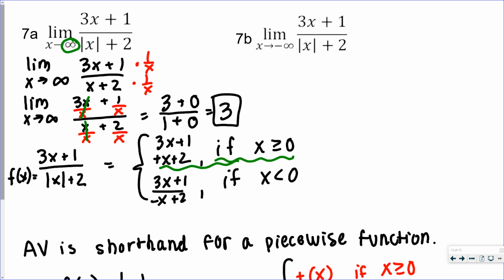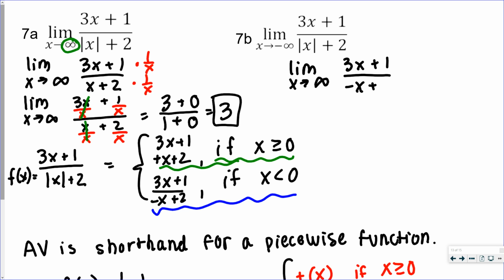Okay. So it's kind of similar to what we were just doing of, are we going to use positive x or negative x, depending on if we're looking at positive or negative infinity, but it's just a little bit different algebra we're doing here. So now for negative infinity, we're going to use this piece. Negative x plus 2.